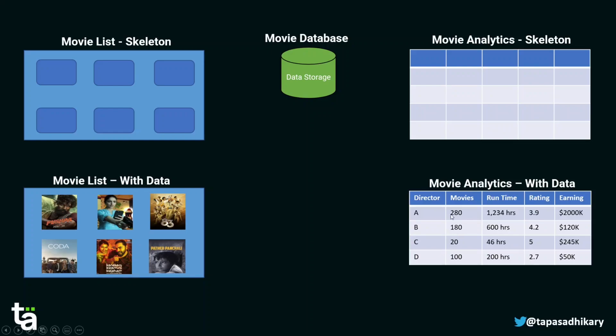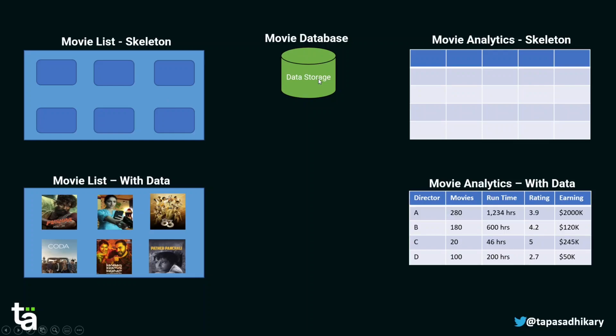However, the data it is showing is coming from the same data storage, the same table. Only thing is that it gets computed and shows some kind of analytics. For example, for this director, they made this many movies, the total runtime is this much, this is the rating, and this is the earning of that particular movie. But all this data, even the cover image, is stored in the data store. To show this one, I do the fetch from here to here and then show it.